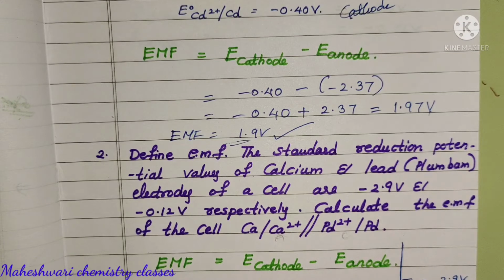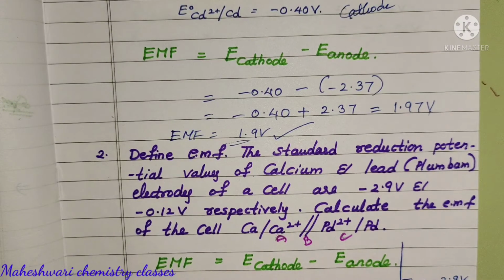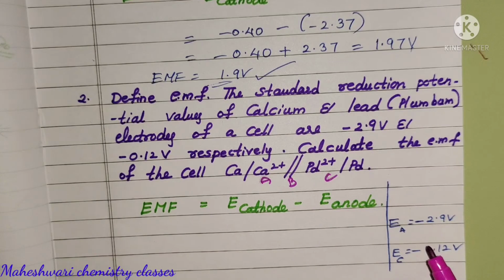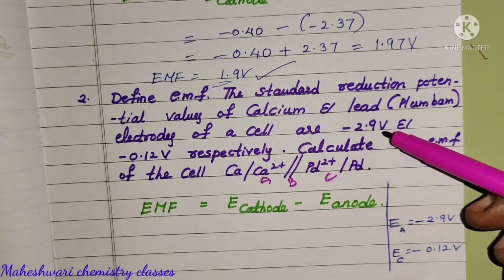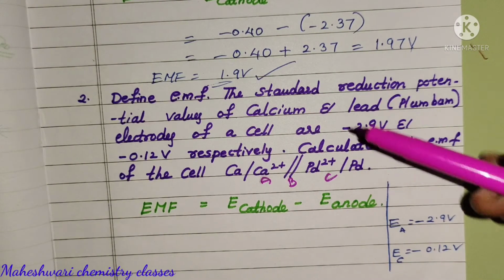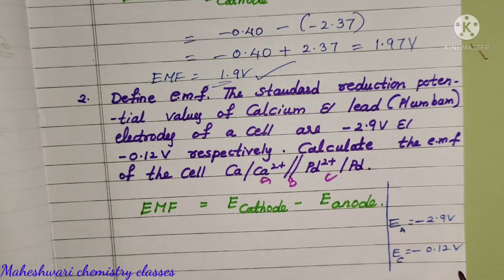Already you have an idea, the ABC trick, right? So directly you have to write like this: E anode equals minus 2.9 volts, E cathode equals minus 0.12 volts.